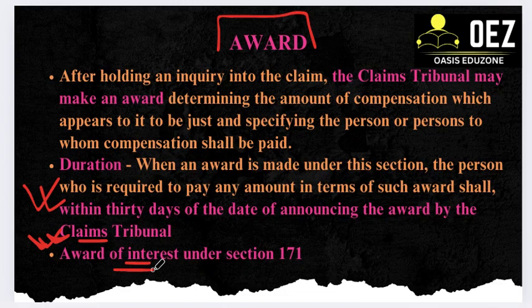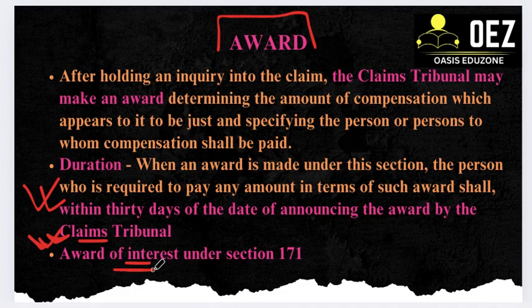If the claims tribunal sees that only paying the amount of compensation is not enough, then an award of interest is also made. That interest is paid at a simple interest rate. So in some special cases it becomes compensation plus simple interest. For example, if 2 lakh compensation is given, in addition to that 2 lakh, an extra simple interest on that 2 lakh will be given.